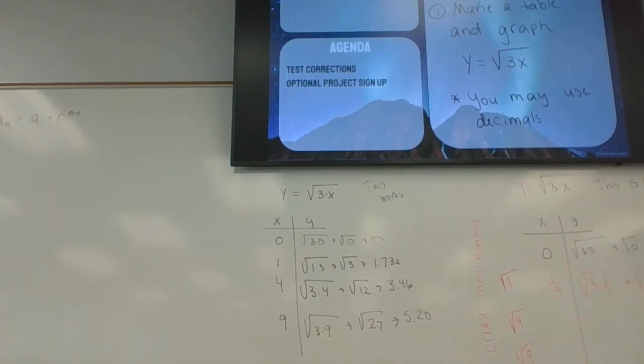What would I have to multiply 3 by to get me a 4? Anybody get this one? So thinking algebraically, we don't know what to multiply by to give us a 4. So it'll be 4/3.